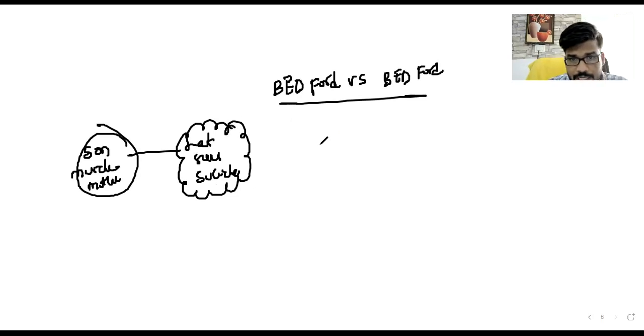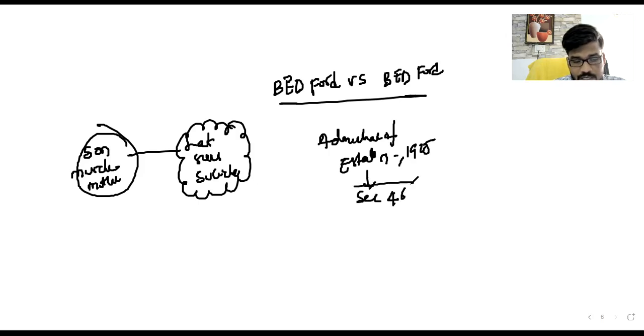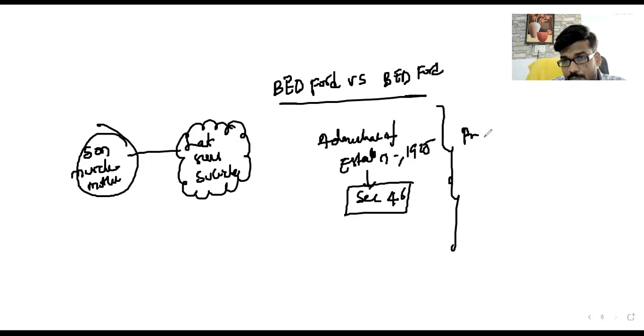So according to the Administration of Estate Act 1925, in that particular situation, section 46 is there. What is section 46? After the death of a person, the property of the deceased person can be transferred to whom?